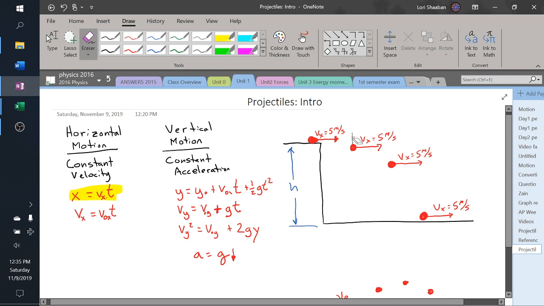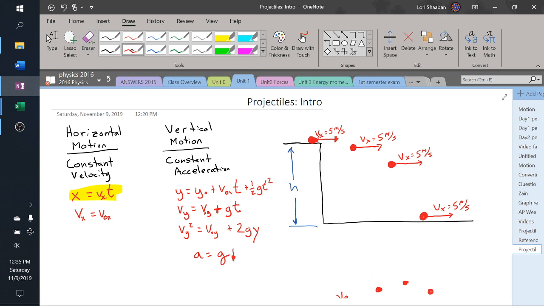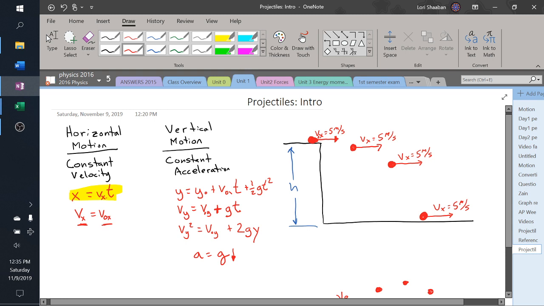Now, the velocity, if it's 5 meters per second to begin with, we could put a little 0 on here saying an initial velocity in the x direction, but it's the same throughout. The initial velocity in the x direction is the same as the velocity right before it hits the ground.